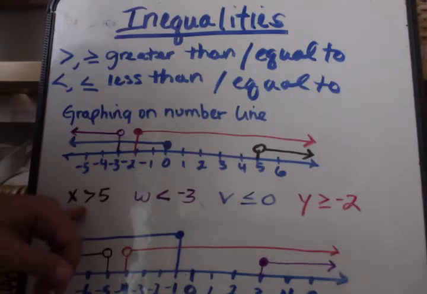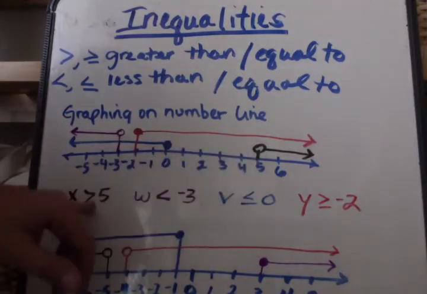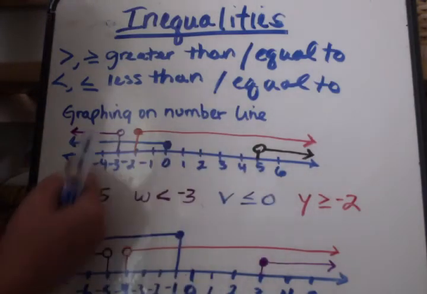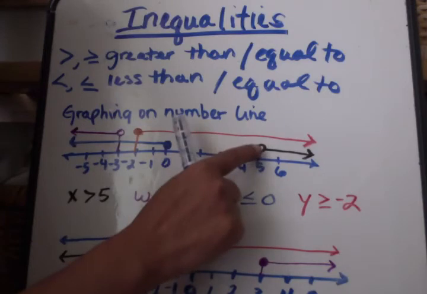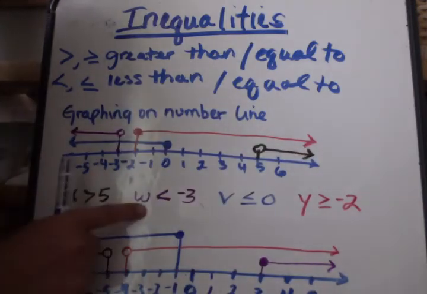So let's take a look at the first one in black. X is greater than 5. We look for the number 5 on the number line. It's an open circle. And remember, on a number line, greater than is always going to the right. Less than is going to the left. So here, x is greater than 5, open circle, and we point an arrow to the right. This one, W, is less than -3.